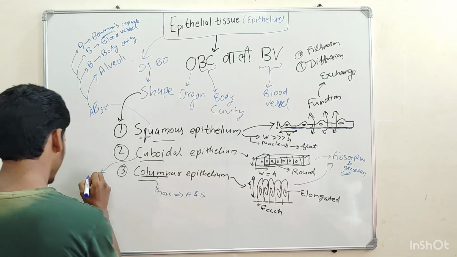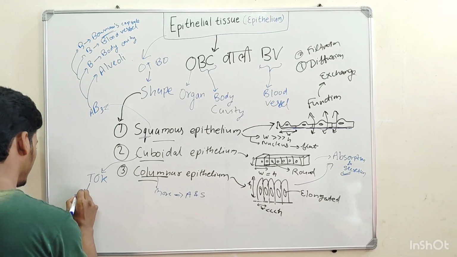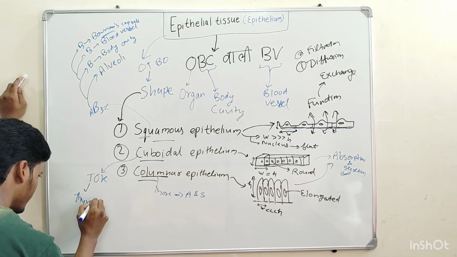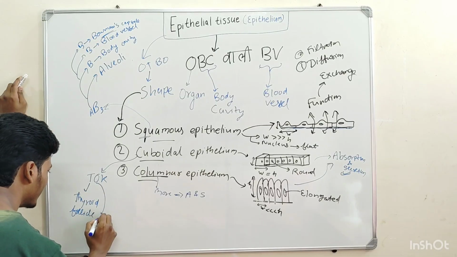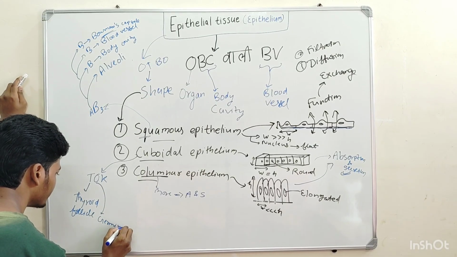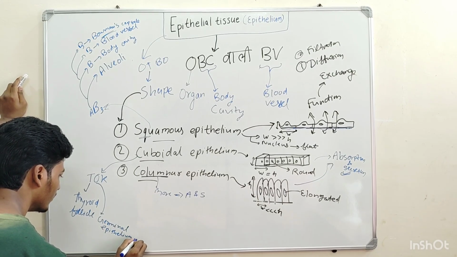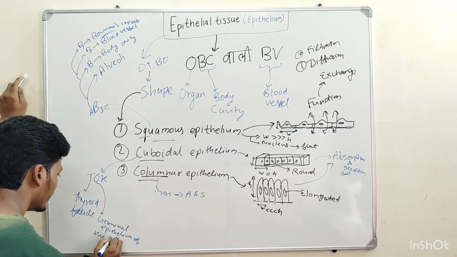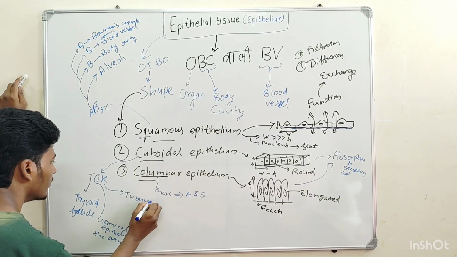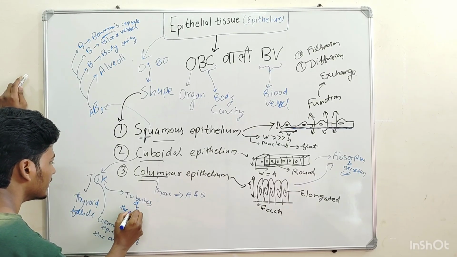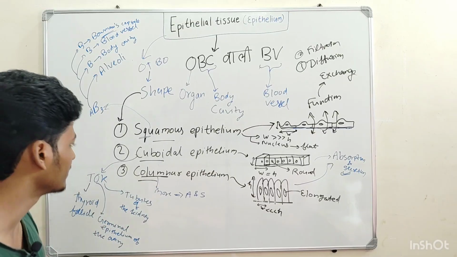You can remember them from the trick TOT, where T stands for thyroid follicle, O stands for germinal epithelium of the ovary, and T stands for tubules of the kidney. So these are the examples of cuboidal epithelium.